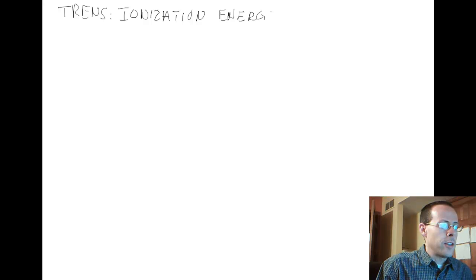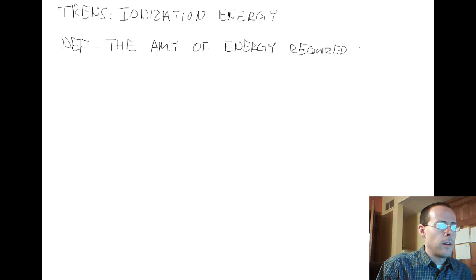With ionization energy, the main thing is we need to define this. Ionization energy, as a definition, is the amount of energy required to remove a valence electron, or just the outermost electron of an atom.